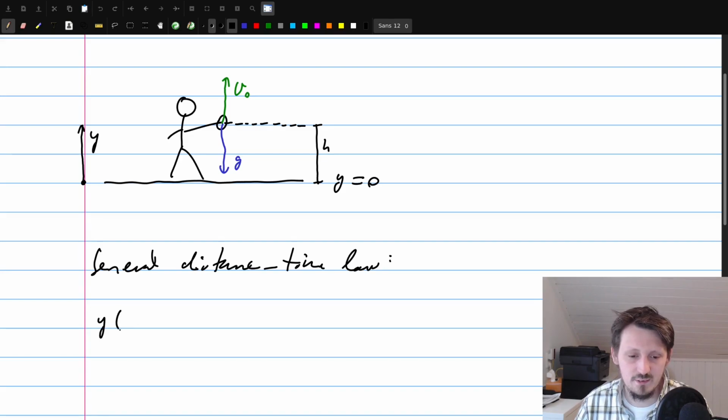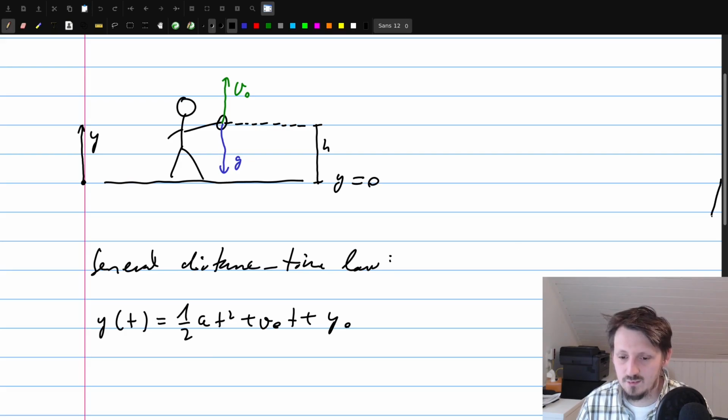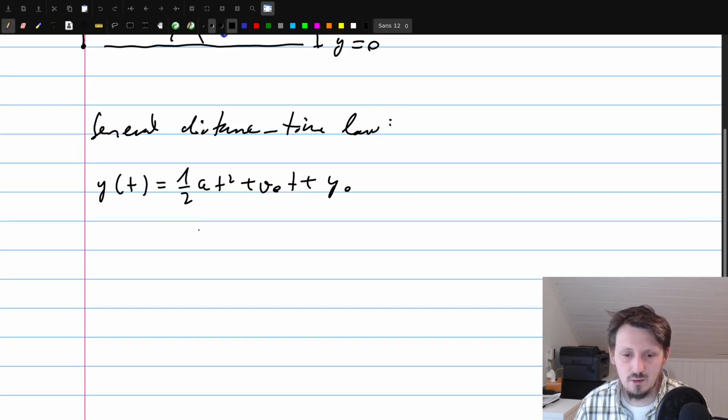So the general form would be y of t equals 1/2 a t square plus v0 t plus y0. And now, of course, we know the acceleration points downwards, so we have to insert here a minus again.